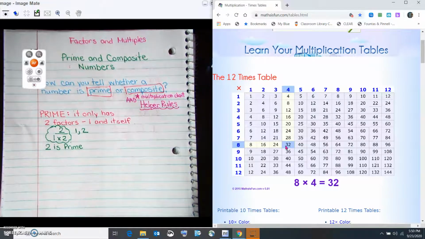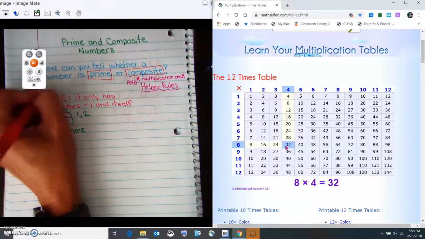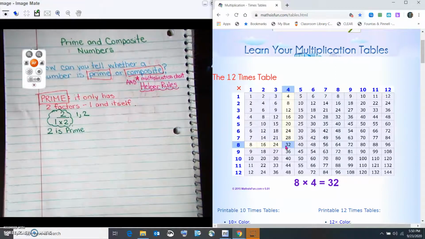Now let's look at composite. Let's box that up because that's one of our important ones. So let's do composite.